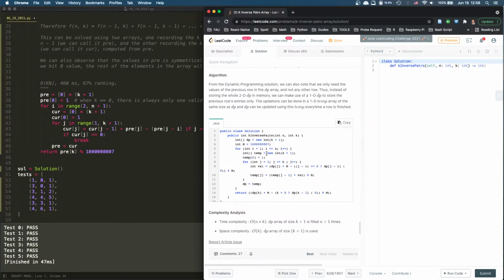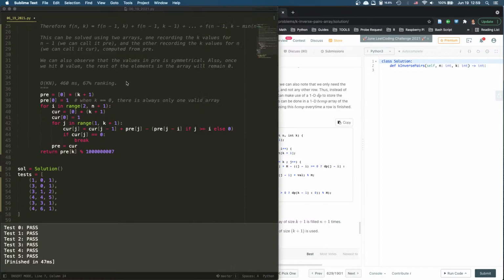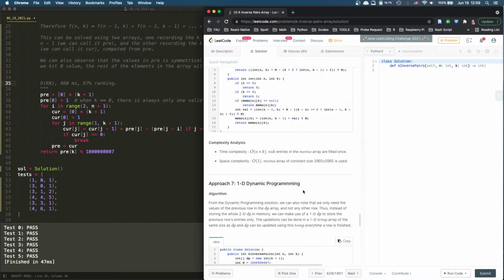I have a temp. And we do all the shenanigans here, and then we do dp equals temp. That's still considered O(N). Yes, that's the okay space complexity because it's O(2K), right? So it's basically okay. So yes, I think we immediately hit solution number 7.